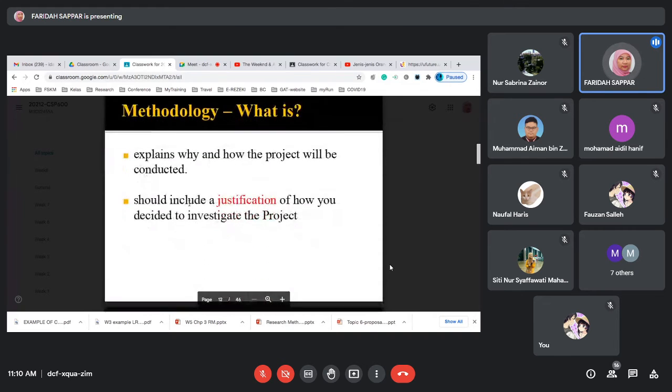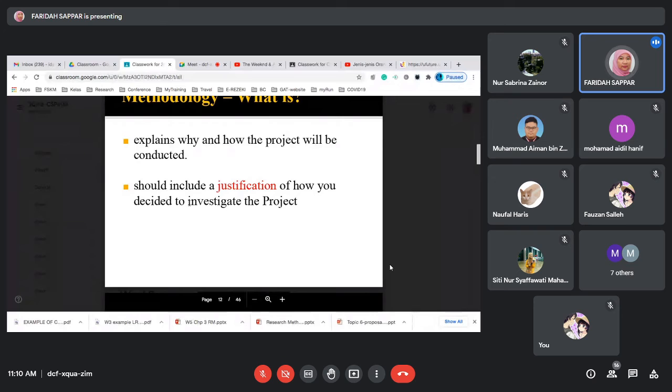Dia kita explain why and how the project will be conducted kan. Basically you lay out apa benda yang you akan buat, proses-proses yang you akan buat, detail-detail requirement yang you akan buat. So that means secara konsepnya you sendiri boleh explain apa yang you nak buat.